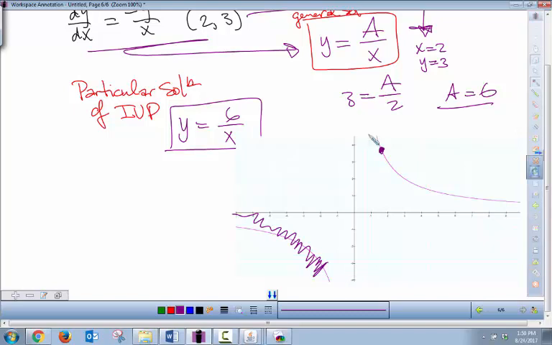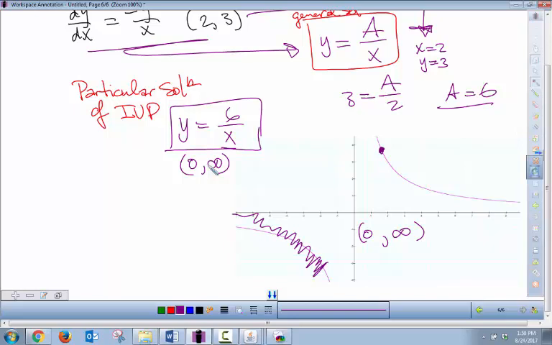So my solution curve will only involve this positive part, 0 to infinity. So my solution will be y equals 6 over x only from 0 to infinity, not including those negative values of x.